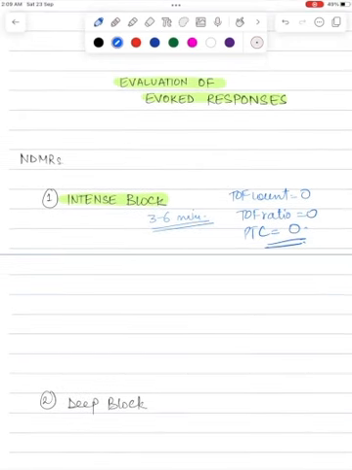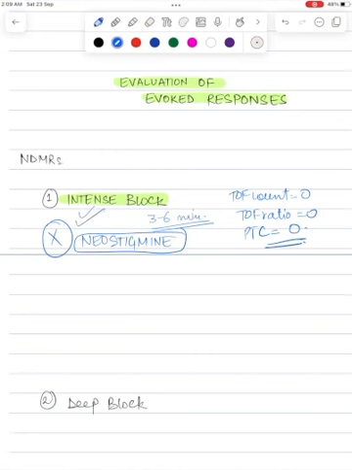An intense block cannot be antagonized by neostigmine. No matter how much dose of anticholinesterase you give, if the patient is in an intense block secondary to non-depolarizing muscle relaxant, it cannot be reversed or antagonized by neostigmine.